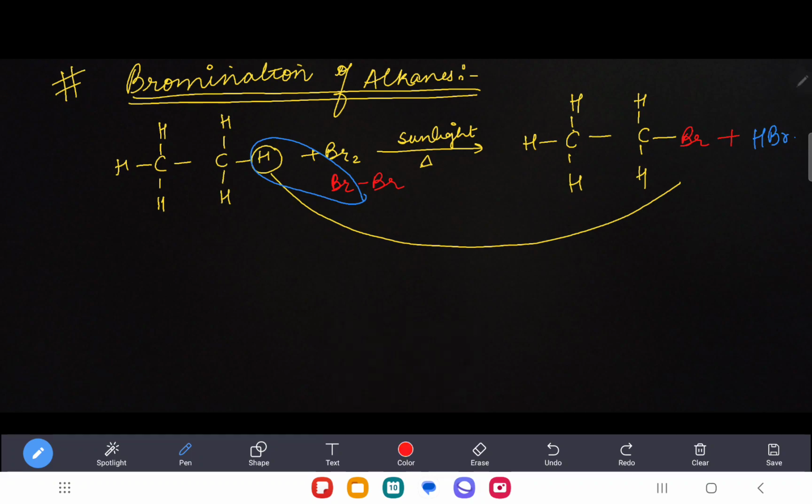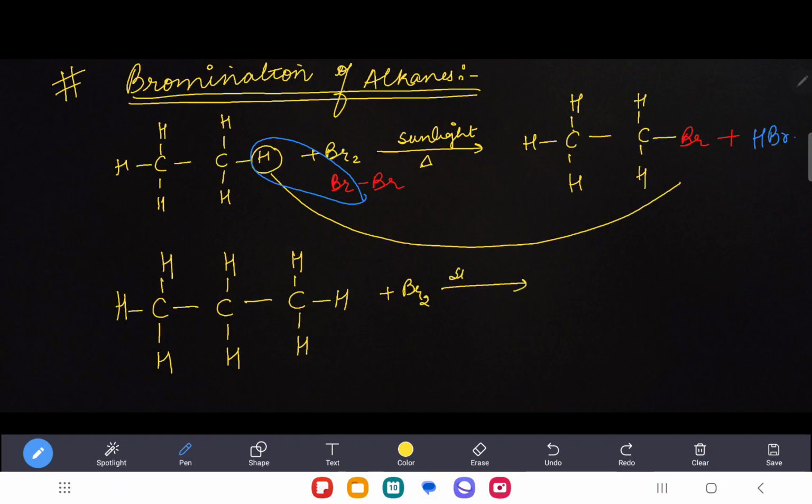Next, what do you think we have right here? If suppose we have this structure, tell me. C single bond C single bond C with hydrogens, and we have Br2.